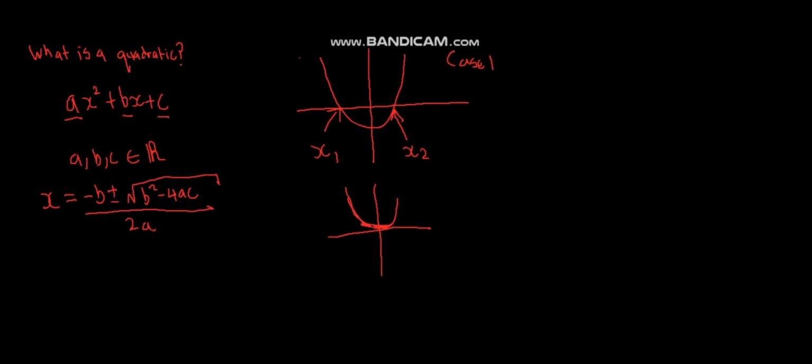So when you use the quadratic formula, you will get x being equal to the same number for the plus case and the minus case. So you just have one root, or one point where the quadratic touches the x-axis. Call this case 2.